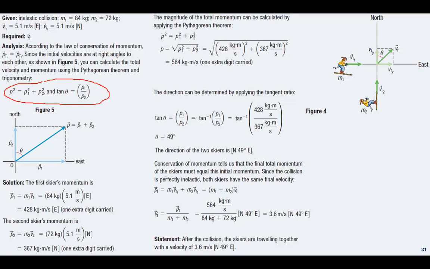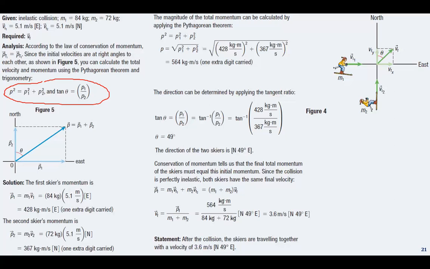Conservation of momentum tells us that the final total momentum of the skiers must equal the initial momentum. Since the collision is perfectly inelastic, both skiers have the same final velocity. Then the total momentum in the final state, Pf, should equal m1 vf1 plus m2 vf2, which is m1 plus m2 times vf. Then vf is given by Pf over m1 plus m2, which is 564 over 84 plus 72.